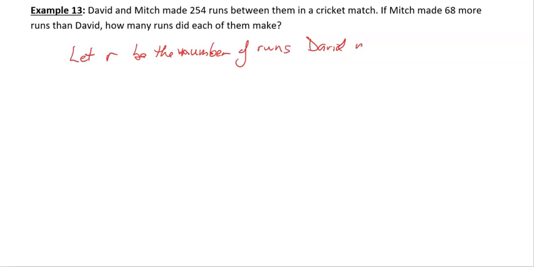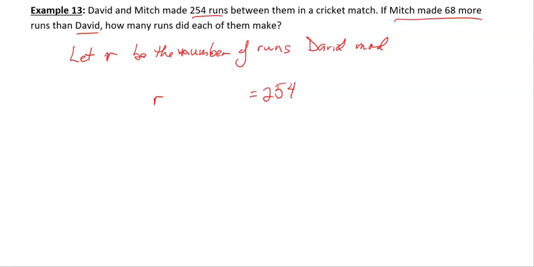Because we know Mitch made 68 more runs than David, it makes sense to start with David's runs. So the total is 254 runs.